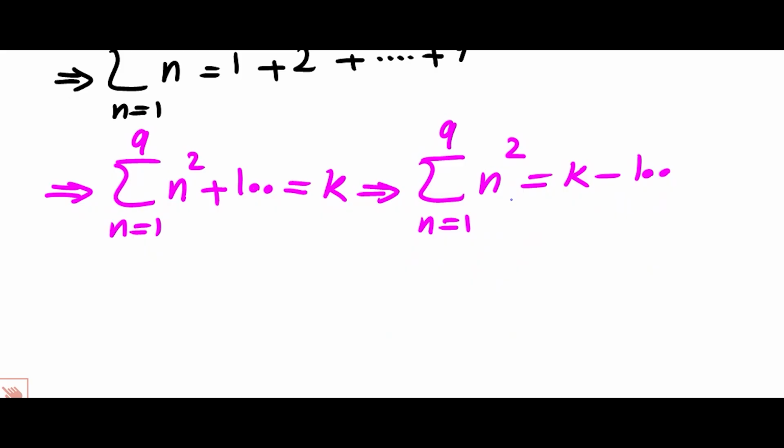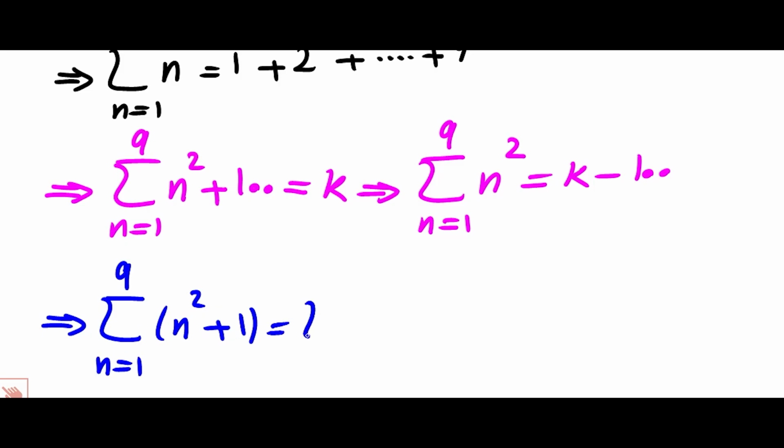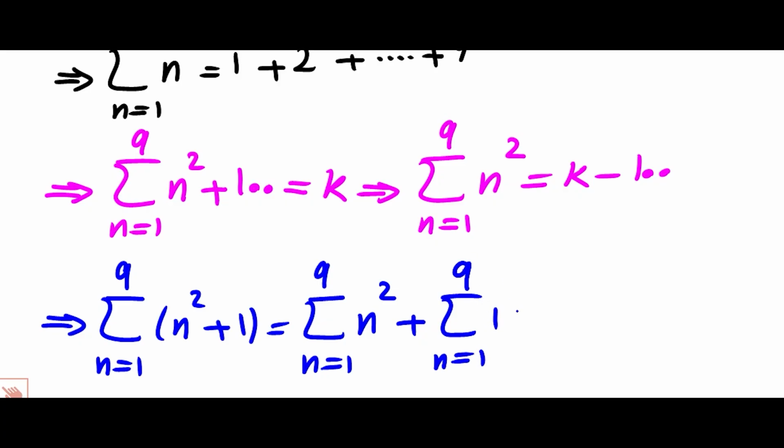So finally, the sum of n squared plus 1 from n equals 1 to 9 equals the sum of n squared from n equals 1 to 9 plus the sum of 1 from n equals 1 to 9.